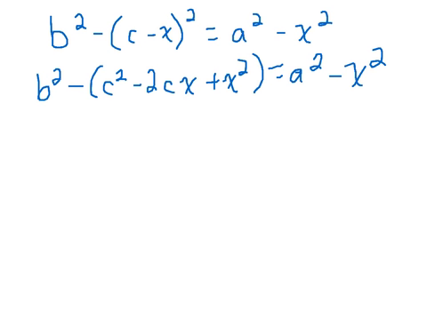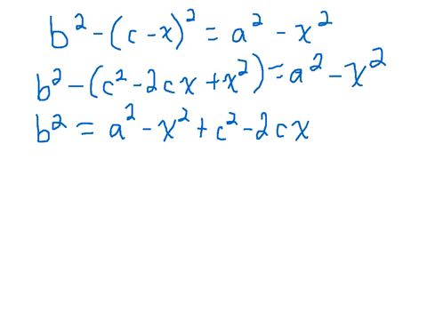Okay, move everything in parentheses over to the right-hand side so that I've solved this equation for b squared. So I'm going to end up with b squared equals a squared minus x squared plus c squared minus 2cx plus x squared.